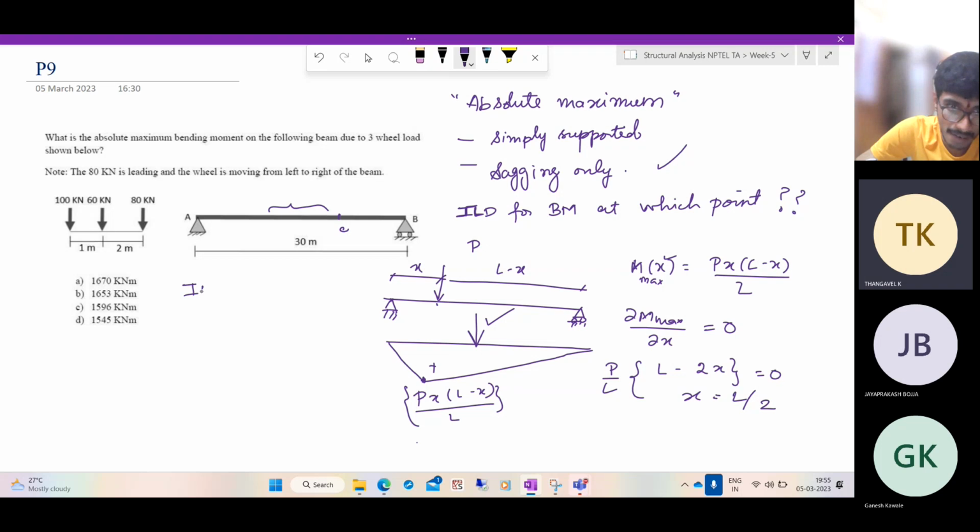The ILD for bending moment at the point x equal to L by 2. Okay, so let us put the point C here, right at the middle. This is C. Now let us draw the ILD for bending moment at the point C, which is at L by 2.